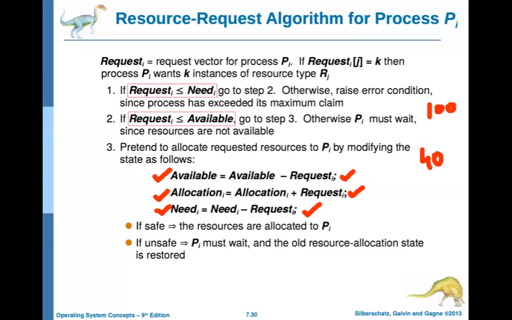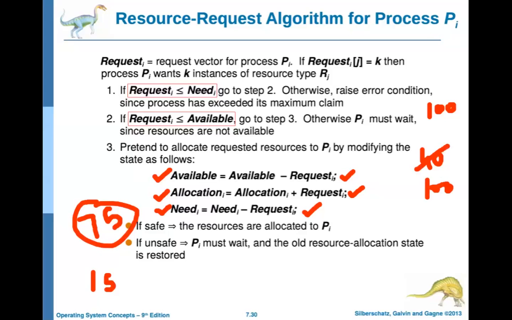If you want to allocate 60, available becomes 75 minus 60, so it becomes 15. Allocation was previously 40, now 60 will be added, so allocation becomes 100.